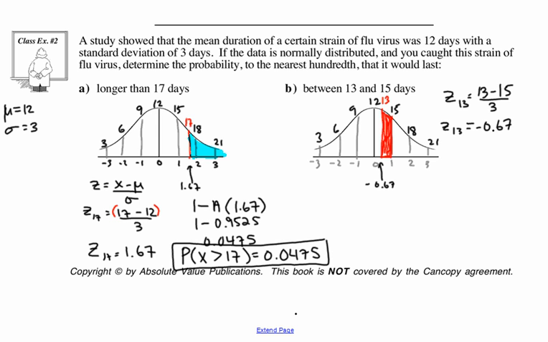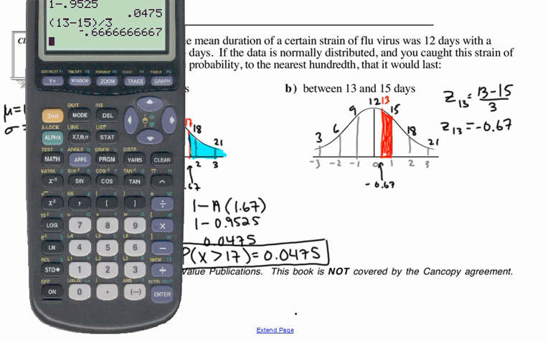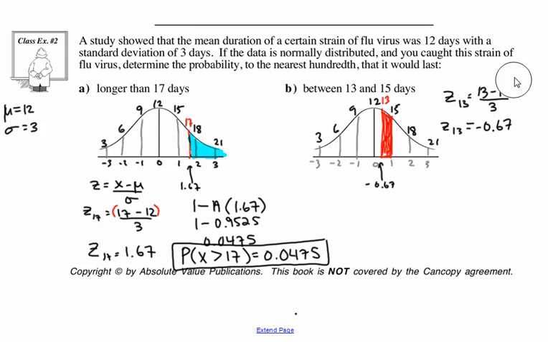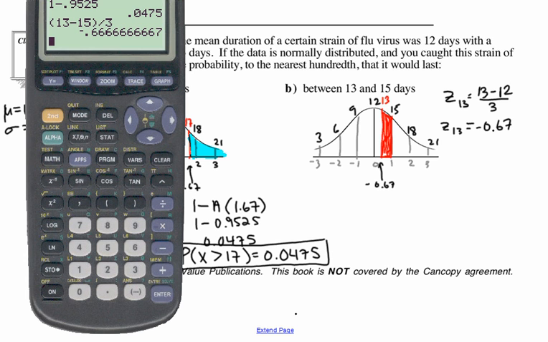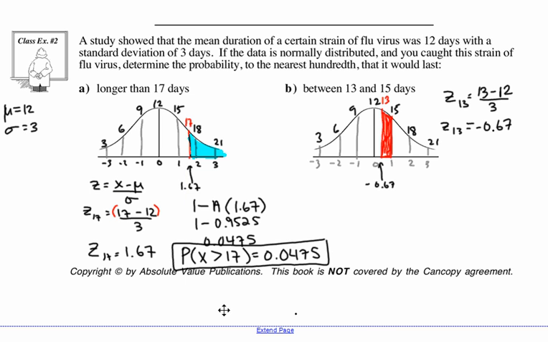Should that be negative or positive? Our mean, oh, I made a mistake. Our mean was 12, not 15. So 13 minus 12 divided by 3 gives us positive 0.33. That's better.